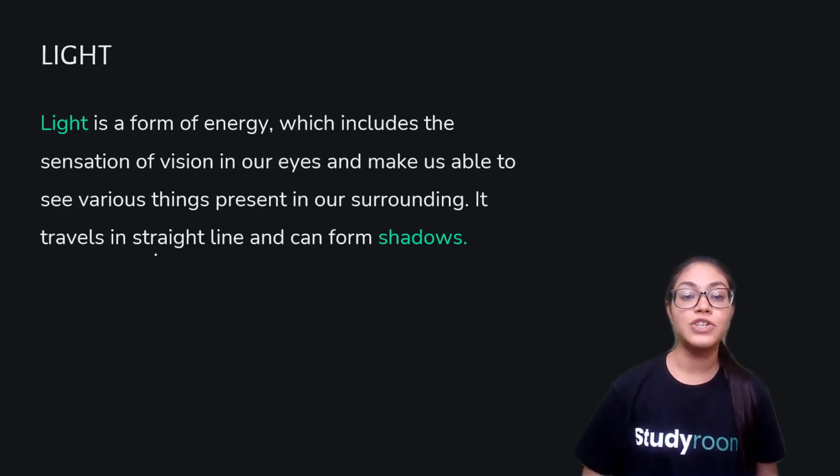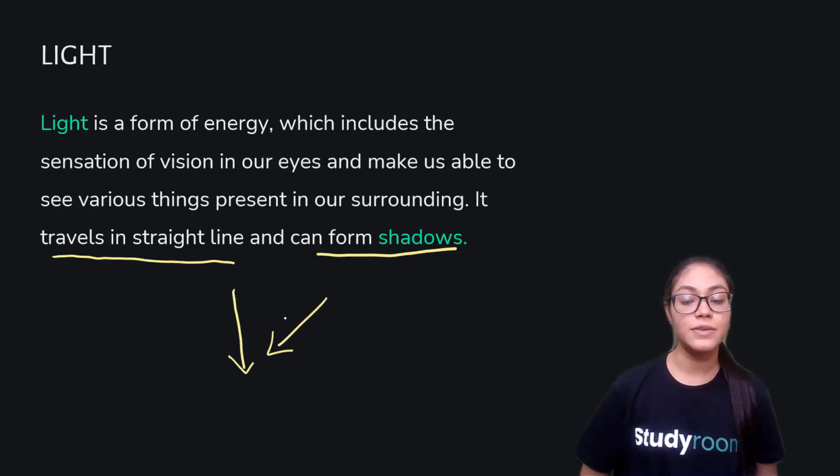It travels in a straight line and can form shadows. So this is the property of light, that it always travels in a straight line and it can form shadows. Easy enough to remember the two properties of light? Yes? So light always travels in straight lines. Okay?